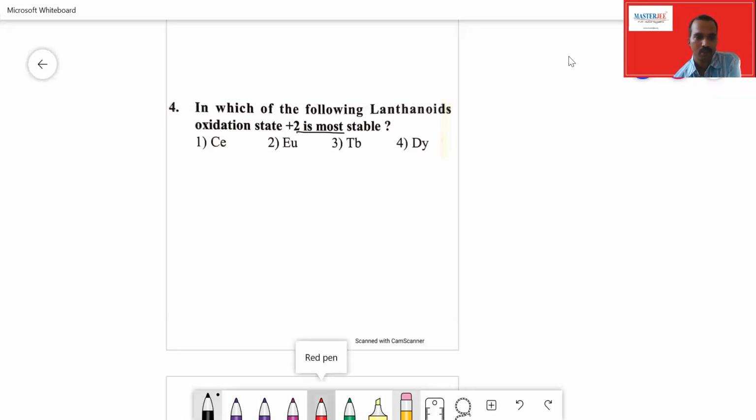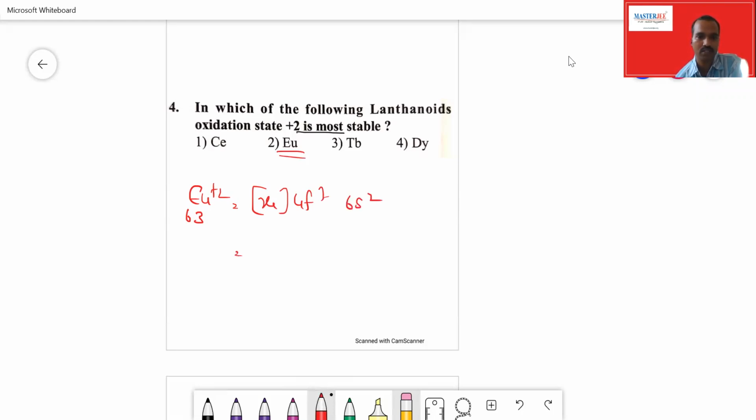It is europium plus 2, whose atomic number is 63, xenon 4f7 6s2. Here a half filled configuration is happening, counting 1 2 3 4 5 6 7, so that's why it is most stable.